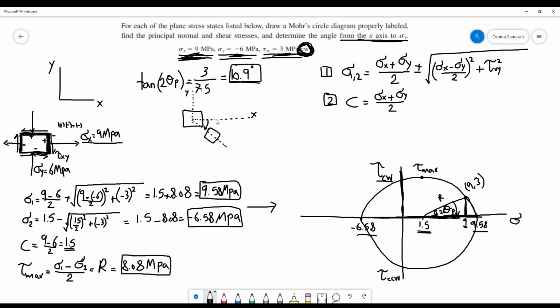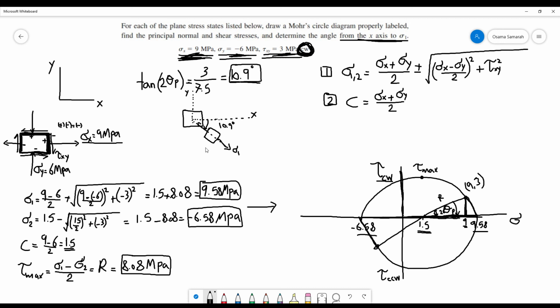So 10.9 degrees, and the x-face has sigma 1, because remember this is the x-face going to sigma 1, and the y-face, which is right here, this is the y-face going to principal stress 2.